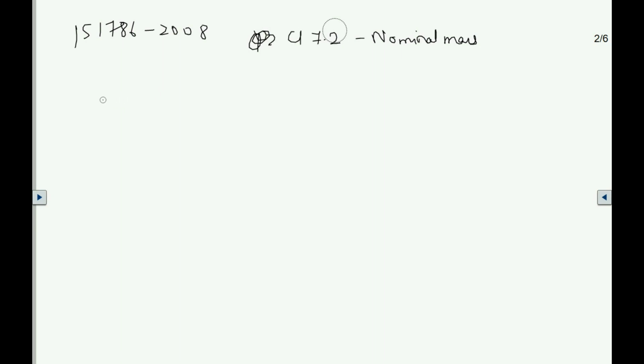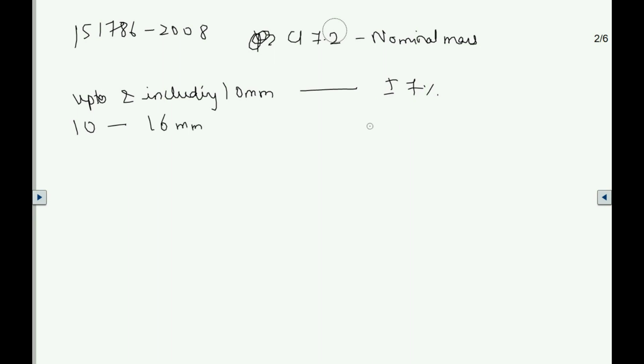Up to and including 10 mm bars, the tolerance limit is plus minus 7%, above 10 and up to 16 the tolerance limit is plus minus 5%, and over 16 the tolerance limit is plus minus 3%.